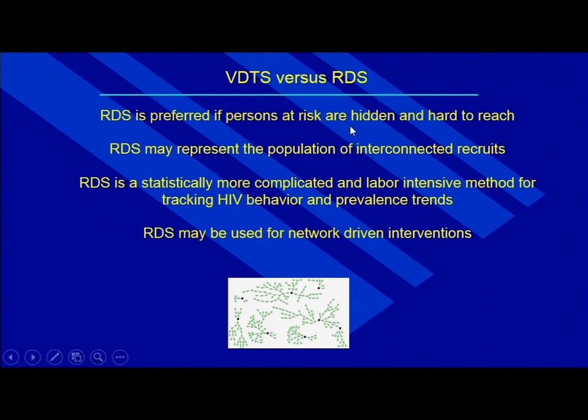RDS we prefer to do if the population is really hidden and hard to reach. It may represent the population of people that are connected or interconnected. Obviously, because it's a network sample, we may not be able to enroll people who are not part of the network. The assumptions of RDS are more complicated than VDTS because it assumes a Markov chain of events where the result is independent from the beginning.